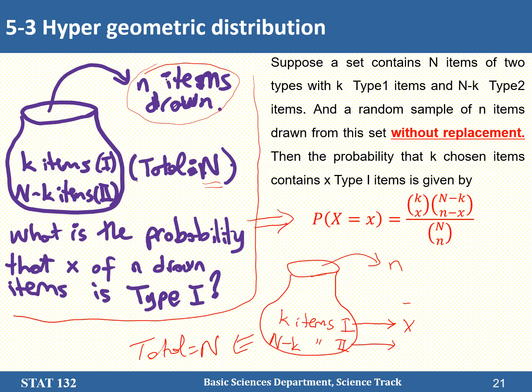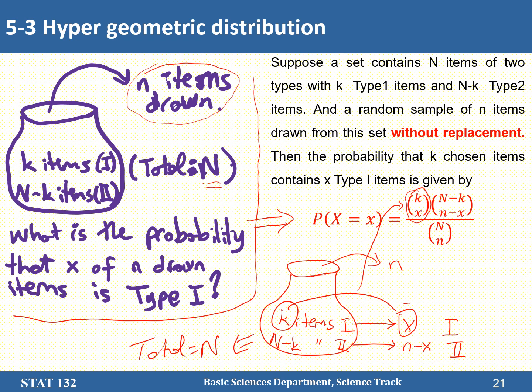The rest, n minus x items, will be type 2. So we are choosing x from k. In how many ways can we choose x from k? It corresponds to this number here, the number of ways we can choose x items from k items.